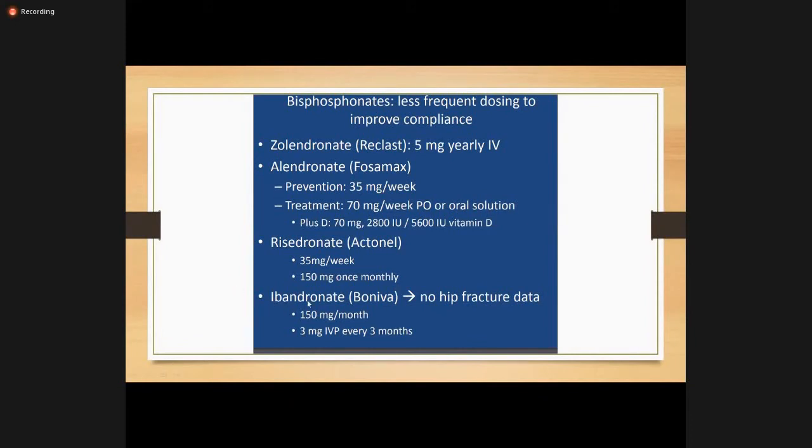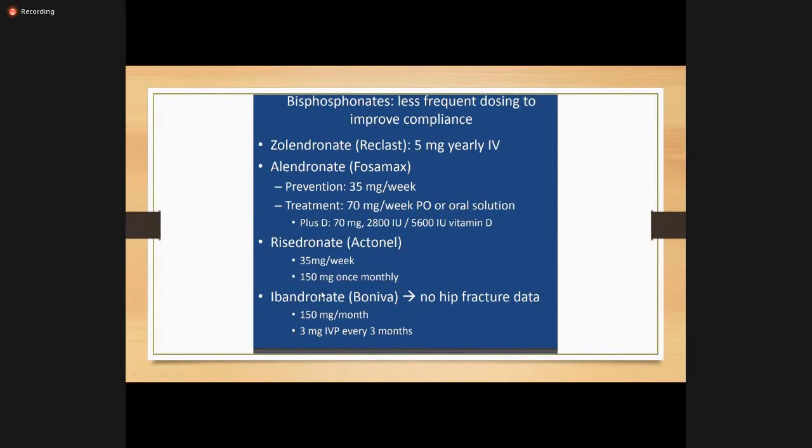Then we have ibandronate with the name of Bonviva over here. Both injectable and oral forms are available. Oral form is 150 milligram once monthly, to be taken as already mentioned, or 3 milligram IV pulse every 3 months.